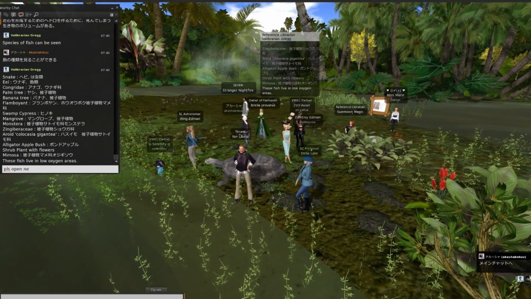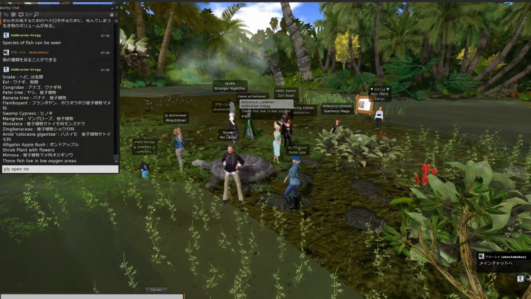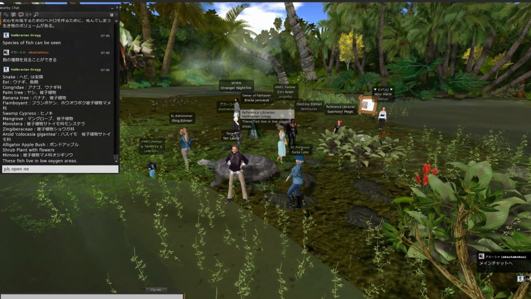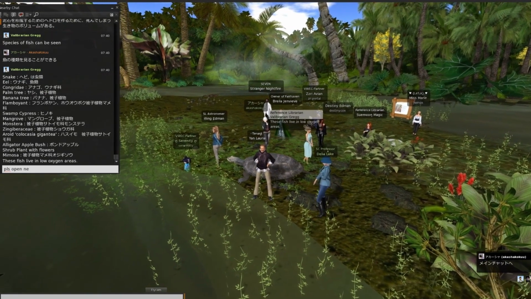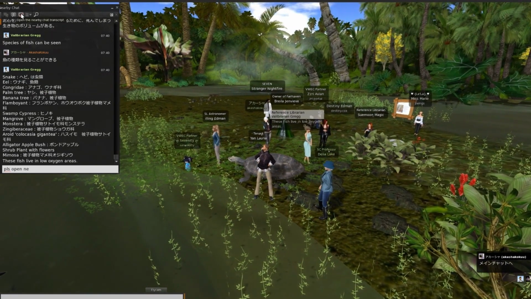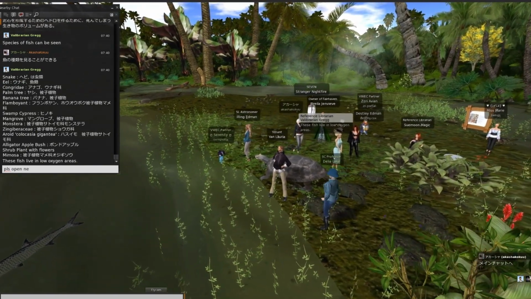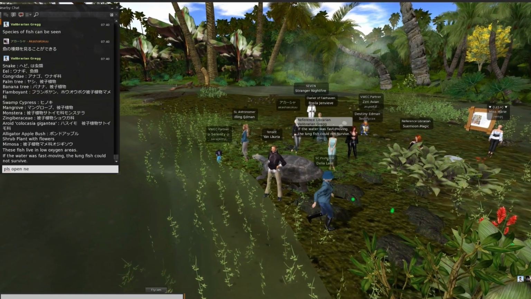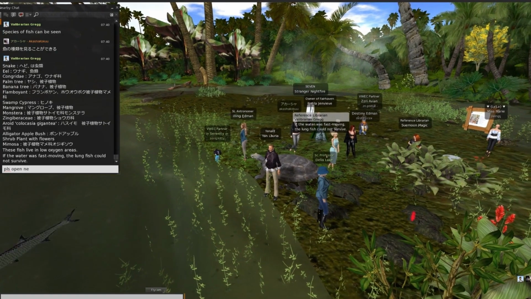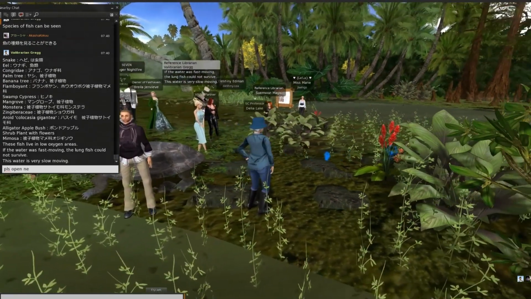The other fish, a couple of different kinds of fish here, but they are all ones that will live in the very slow-moving kinds of water. Tarpons also.